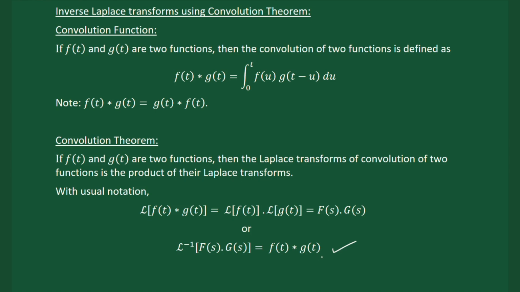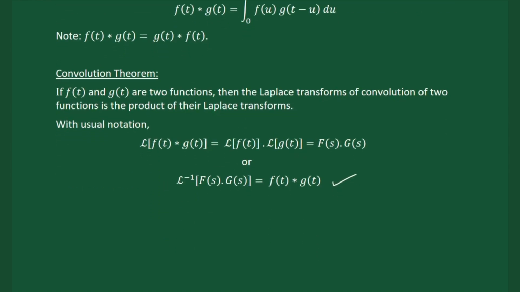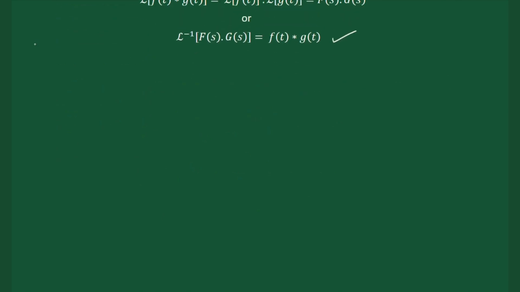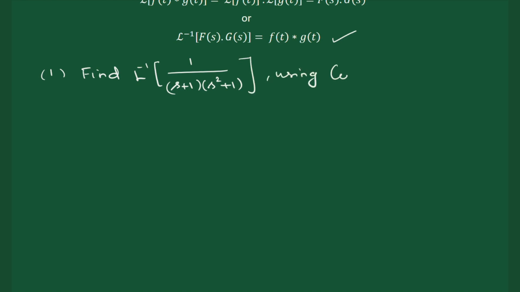So now we shall move on to the question. The first problem is: find L inverse of 1 by (s plus 1) into (s square plus 1) using convolution theorem.